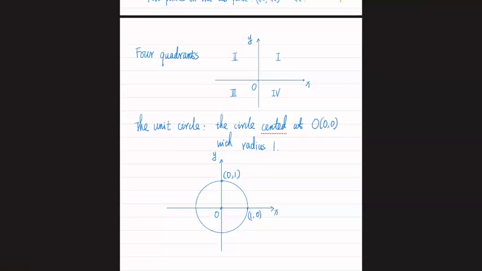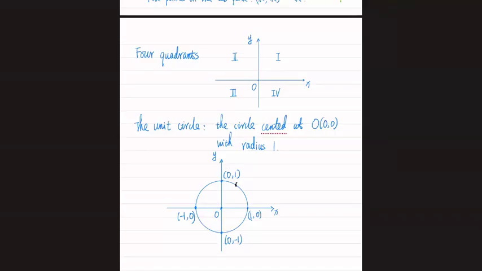Okay, Kira, what about this point? -1, 0. And Aaron, this point. 0, -1. Okay, great. What about this point? What's the x coordinate?